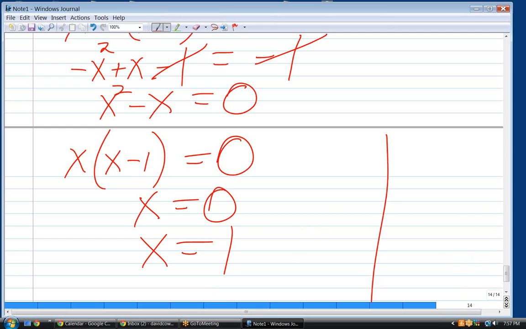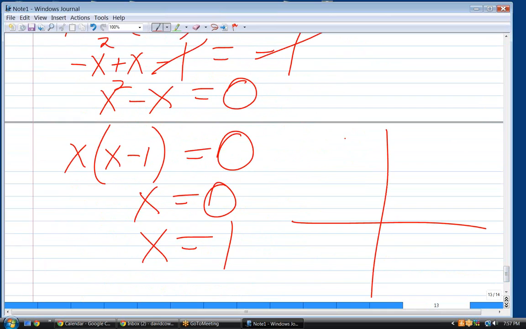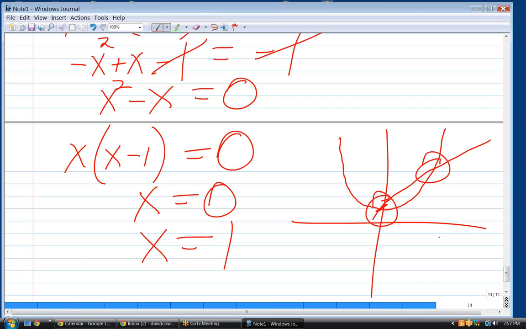Does that fit my picture? What did I have? I had a straight line and a parabola. And I know the line goes through that, has a slope of 1, so I would expect it to go through some point up there. Clearly, that's x equals 0, and that's x equals 1.